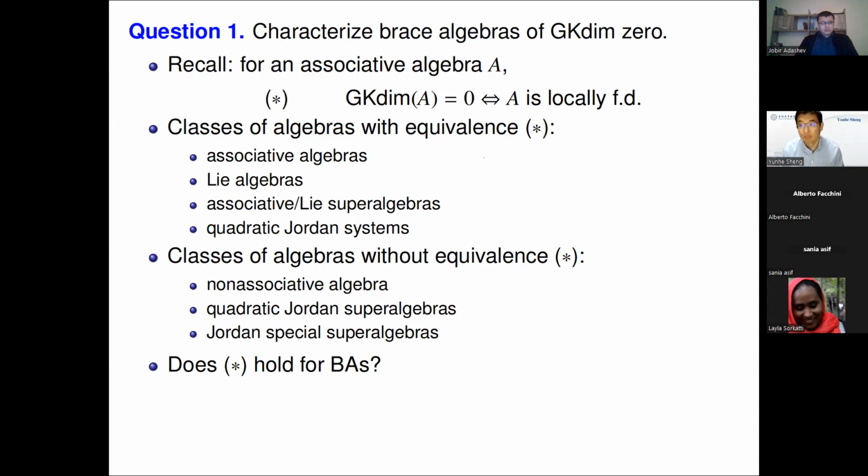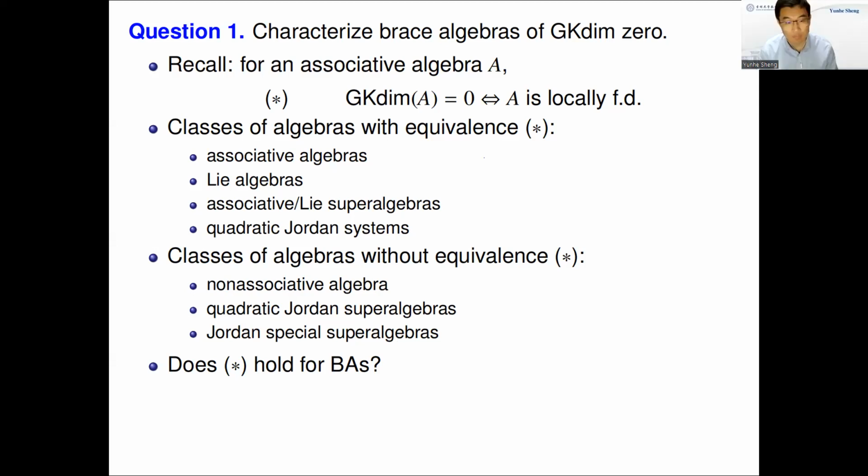Actually, we have some examples of non-associative algebras which have GK dimension 0 and which are not finite dimensional. Star does not hold for quadratic Jordan superalgebras, nor for Jordan special superalgebras. So it's quite natural to ask, does star hold for our brace algebras? This is our first question.